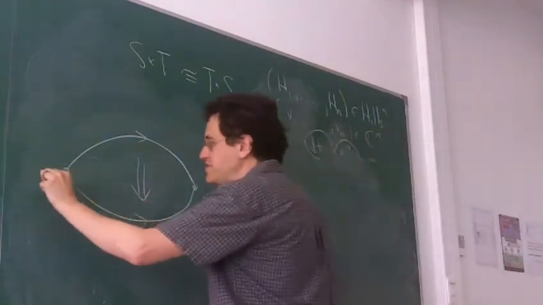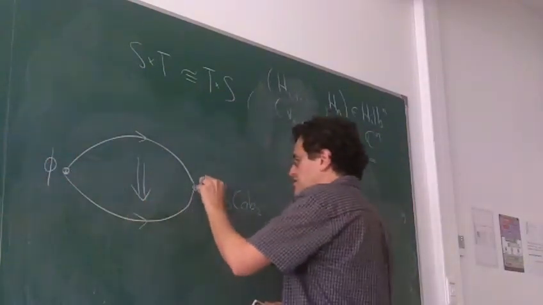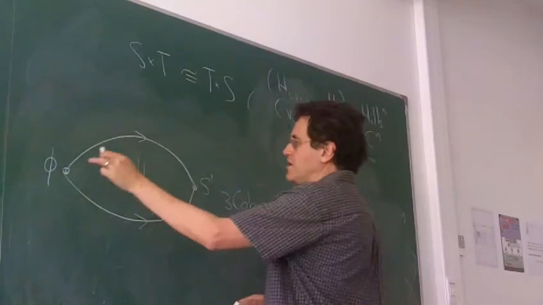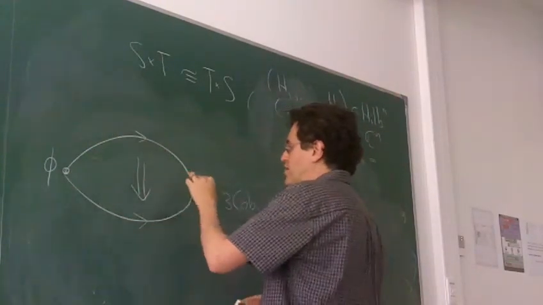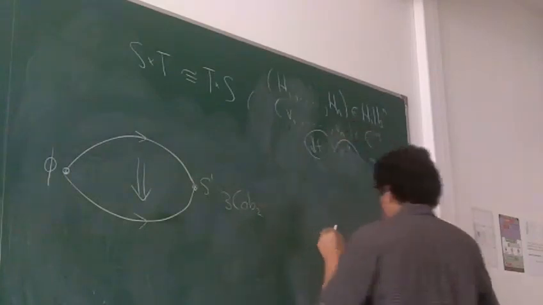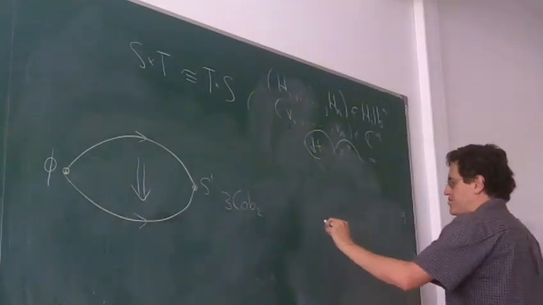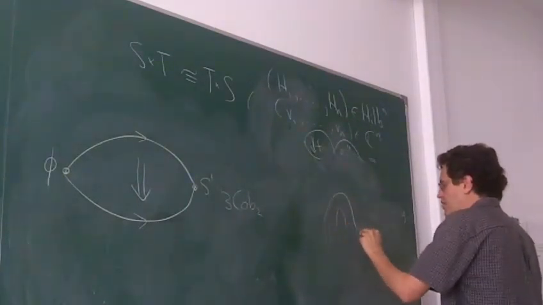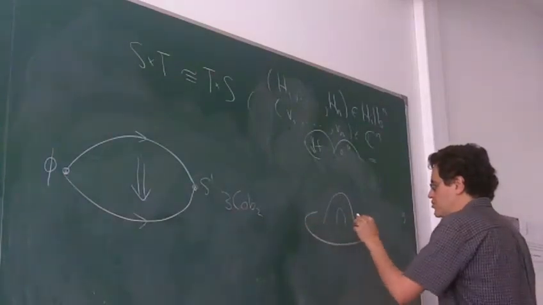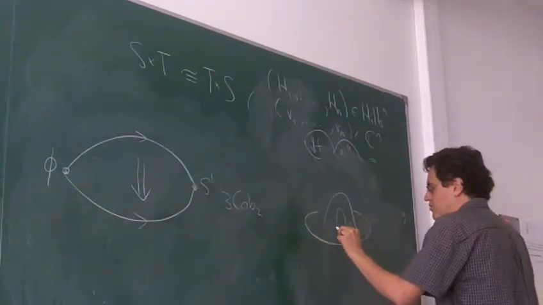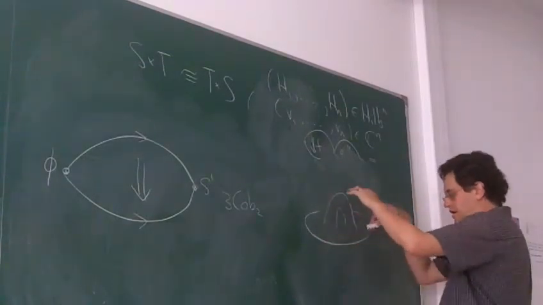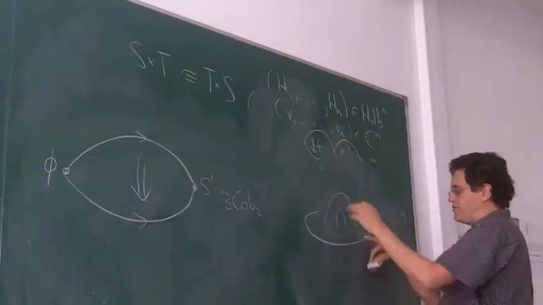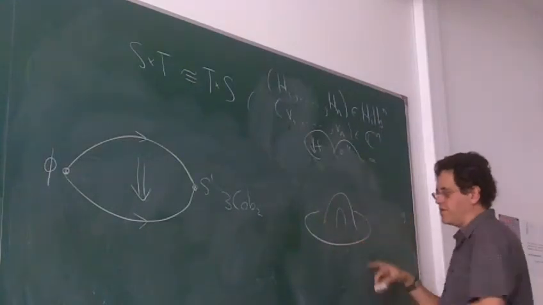So this is the empty set, and this is the circle. This here is a cobordism from the empty set to the circle, which looks like the top part of the picture. So this thing, drawn in a more smooth way, would be an example of a cobordism starting at the empty set, and it's a two-dimensional manifold going from the empty set to the circle.